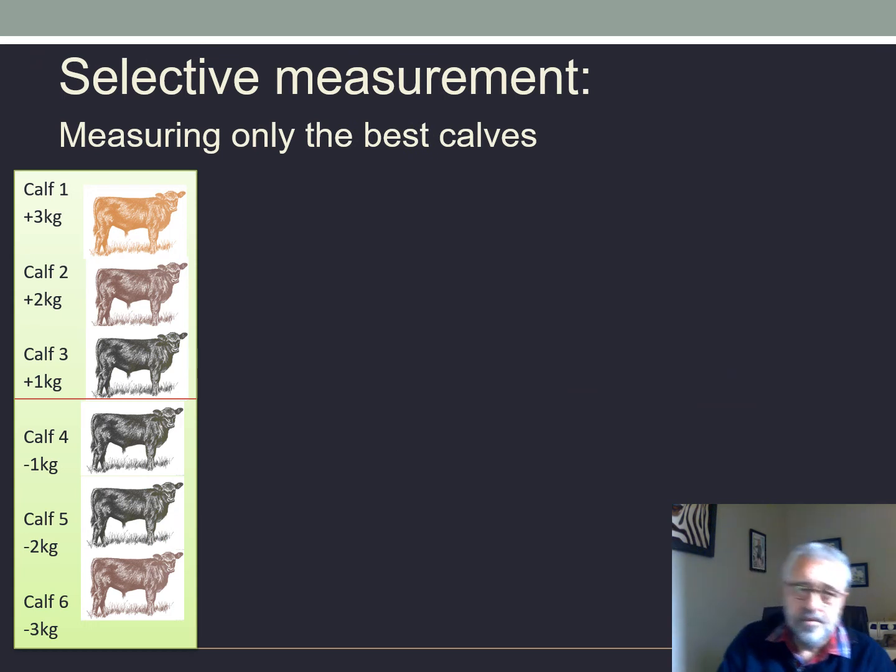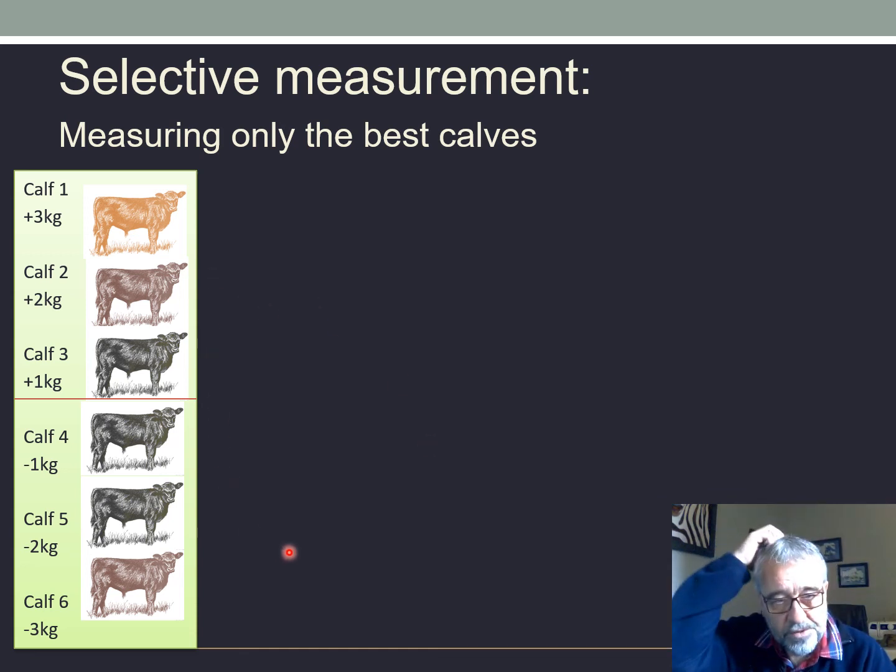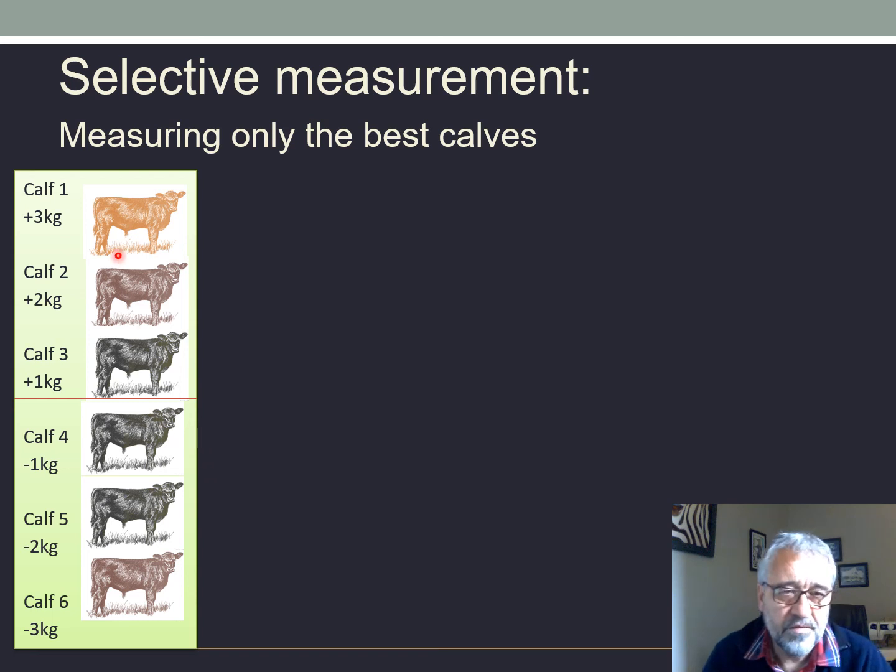The next item I would like to enlighten is selective measurements. If you have these 6 calves and you have weights of the 6 calves, and these are the deviations from the average. Remember, BLUP works with the deviation from the average, and you will see that your heaviest calf was 3 kilograms heavier than the group average, and your lightest calf was 3 kilograms lighter than the group average.